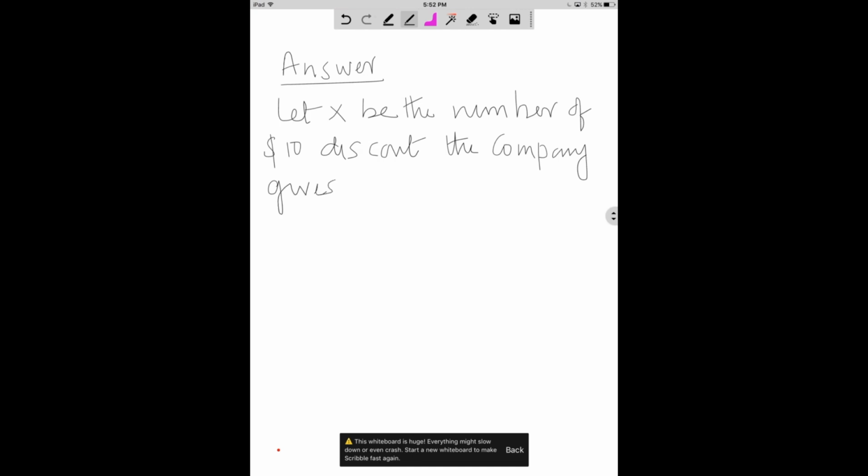Here there is a general formula everybody knows. Profit is equal to revenue minus cost, right? Revenue of the company is the total money we get from the customers, minus the cost of production. So I'm going to write profit is equal to revenue minus cost. Profit is y of x.